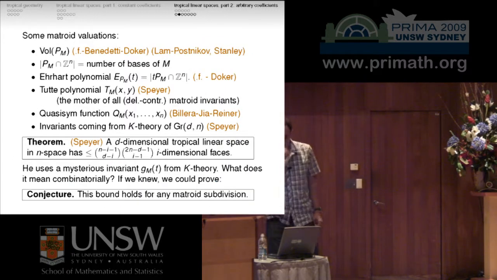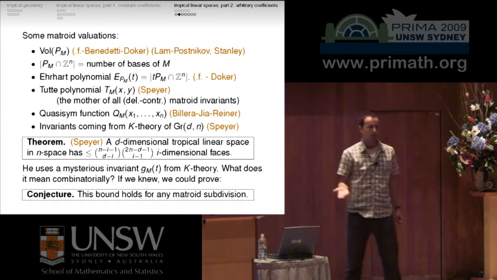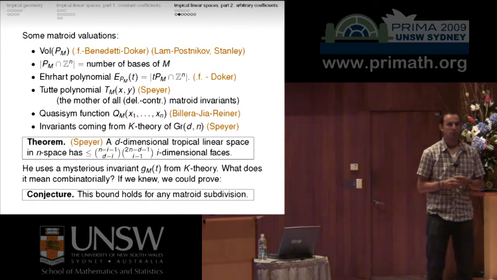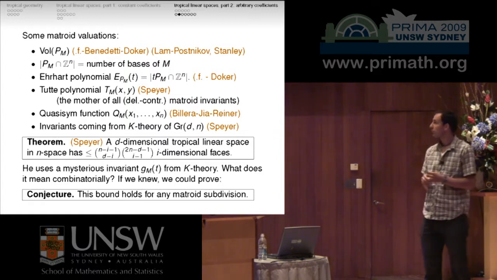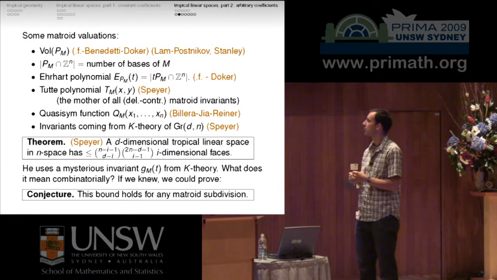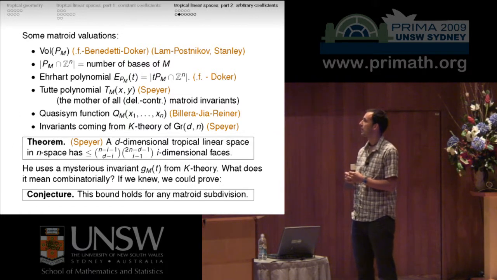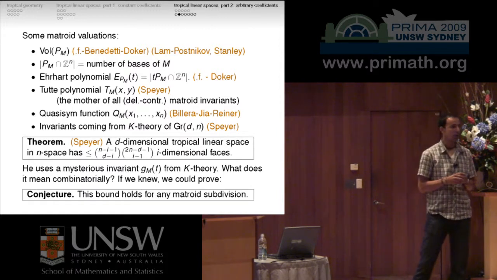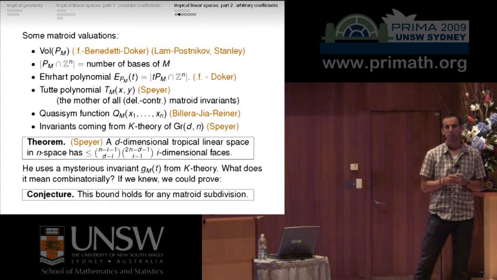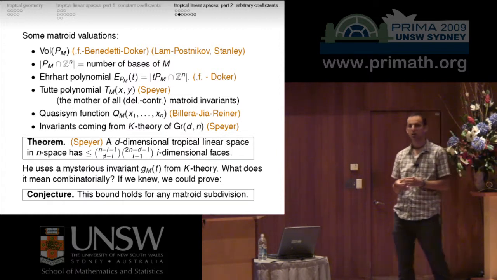So what are some examples of these things? Well, a first obvious example is just the volume of the matroid polytope. That's a valuation. And in a joint paper with Carolina Benedetti in Colombia and Jeff Doker, a student at Berkeley, for example, we managed to find a combinatorial formula for the volume of a matroid polytope. But actually it turns out that this formula is pretty hard to work with.